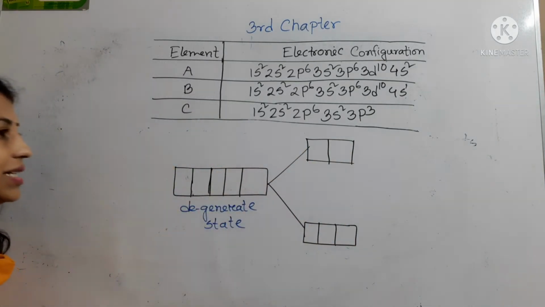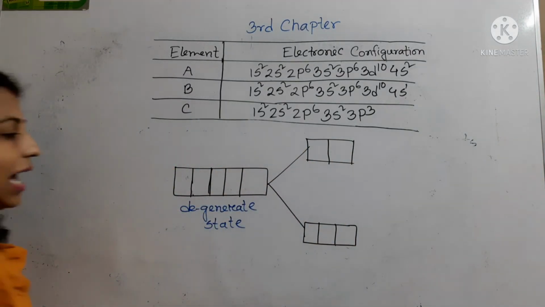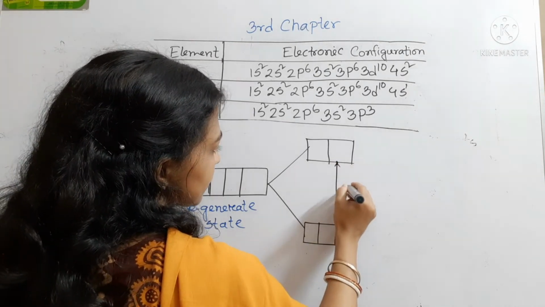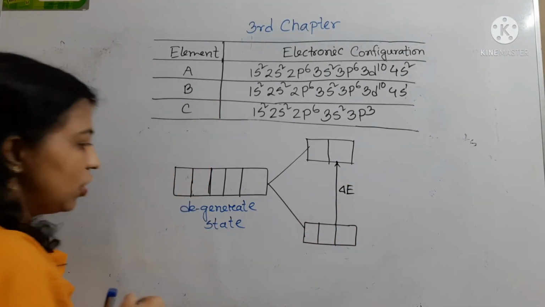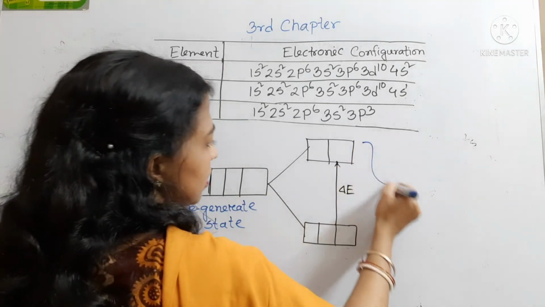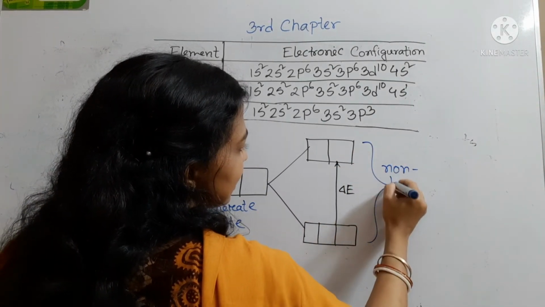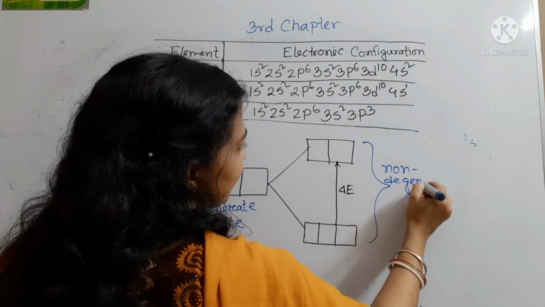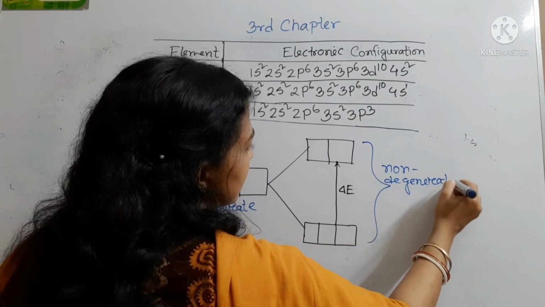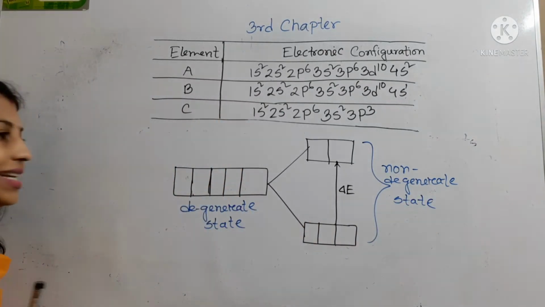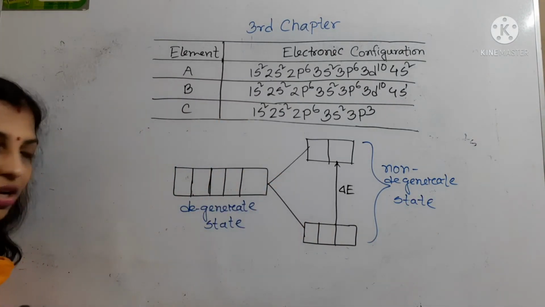That means this will split up, and this is called the non-degenerate state. So this is called the degenerate state and this is called the non-degenerate state.